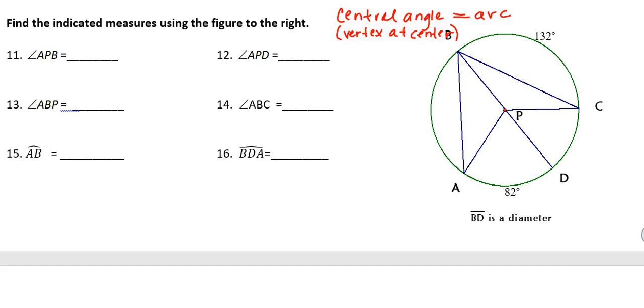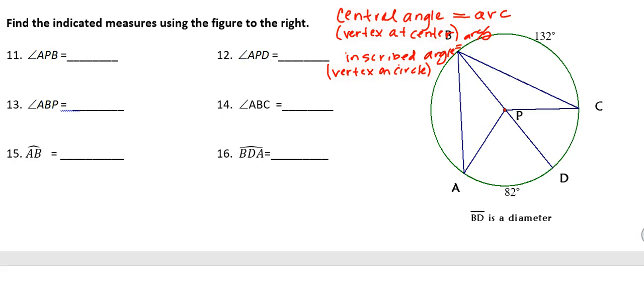Then we have what's called an inscribed angle. In inscribed angles, the vertex is on the circle. Now when we do inscribed angles, we're going to do the arc divided by 2. So that's what you need to keep in mind first. Central angles are equal to arcs and their vertex is at the center. Inscribed angles, vertex is on the circle and it's the arc divided by 2.